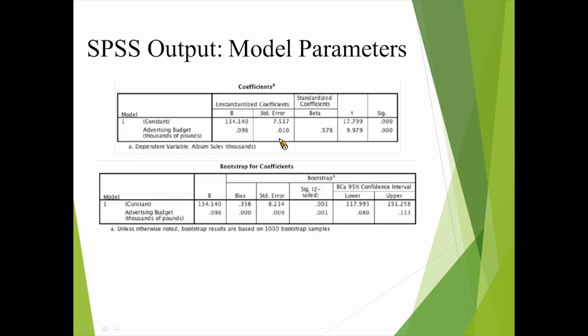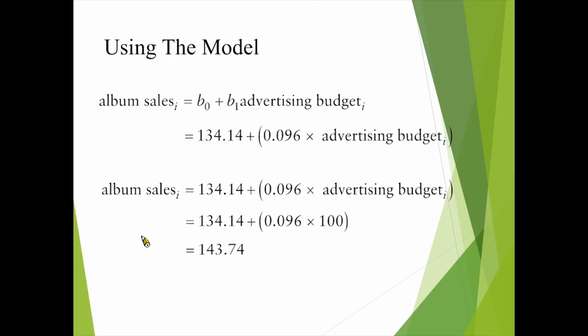You can see this formula is the same. This is a linear regression model. Open sale equals 134.14 plus 0.096 multiplied by time budget. So if you have a time budget of 100, you can put it in this formula and get the open sales.